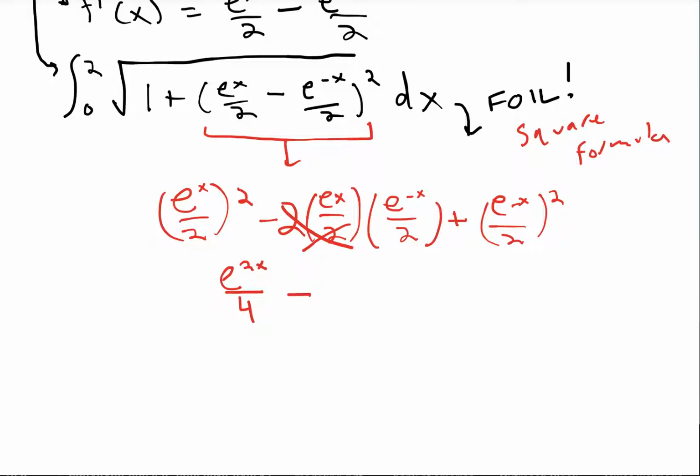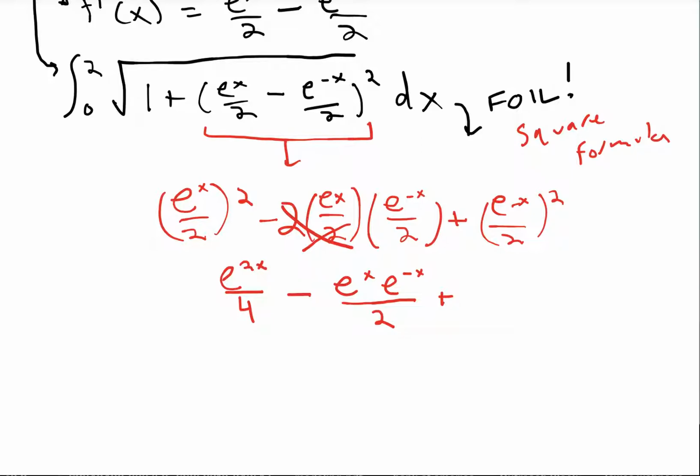Another comment is if I'm multiplying two things that have the same base, okay, e to the x and e to the minus x, you add those exponents. So if I take e to the x and e to the negative x, well, I'll go ahead and write that out. On my next line of simplification, that'll really be e to the 0, and that's just 1. So my next line of simplification, those are going to cancel each other out.